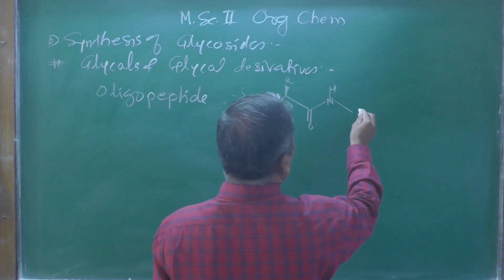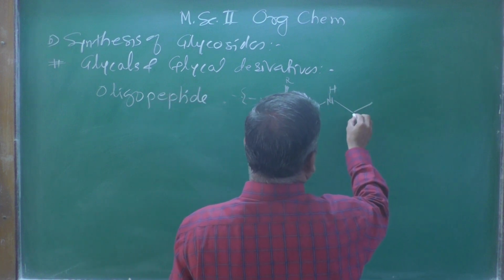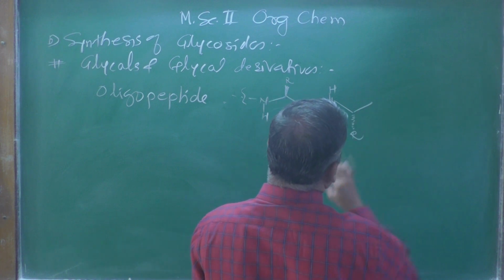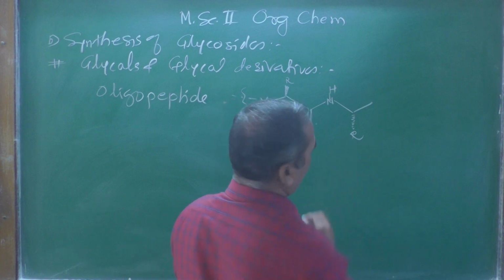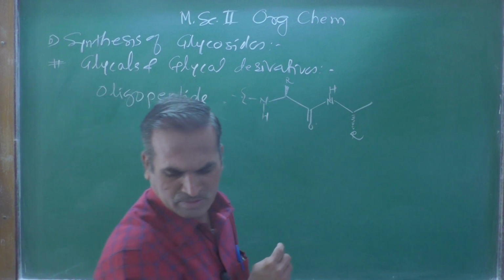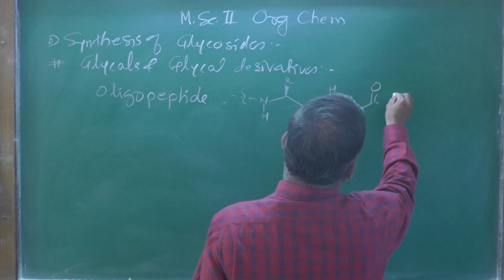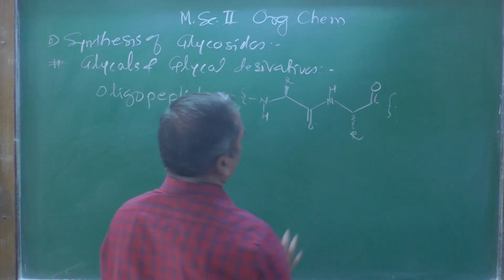And then let us see the R group which is below the plane, and then the next one will be C double bond O. Then you can write, this is a structure.